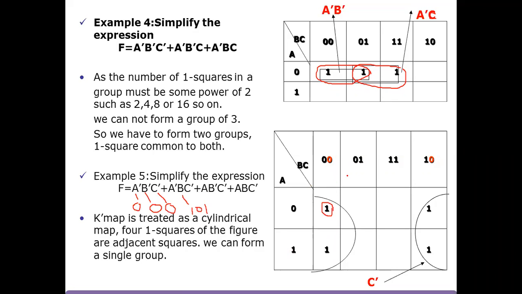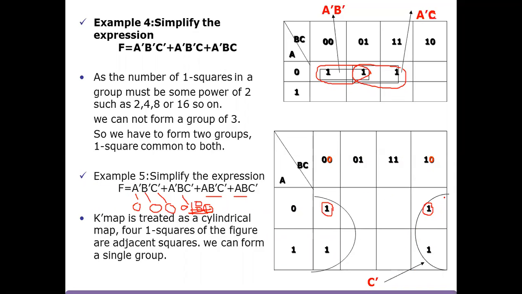B is 0. And C should be 0 again. Sorry, this is incorrect. A dash 0, C 1, B 1, 0, 0, 1, 0. This one. So likewise, you can fill out the other terms. So you'll end up with having something like this.